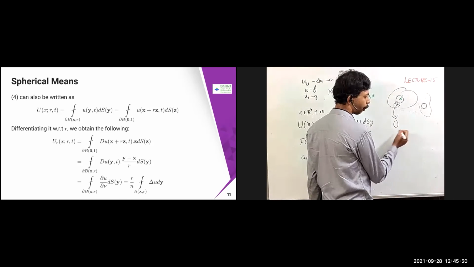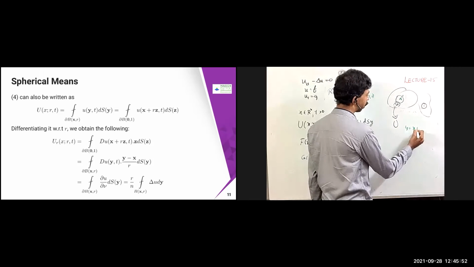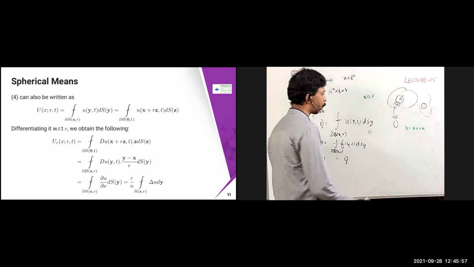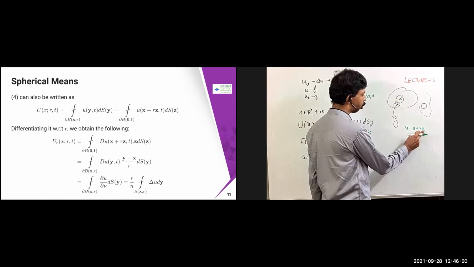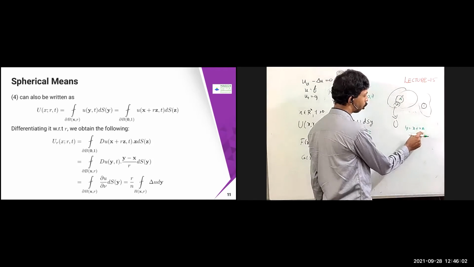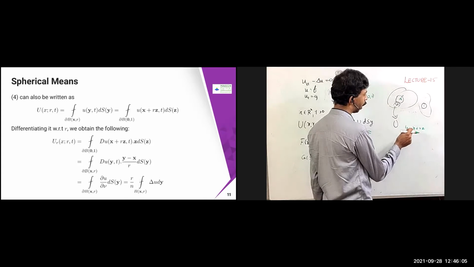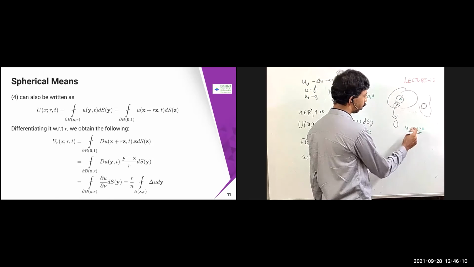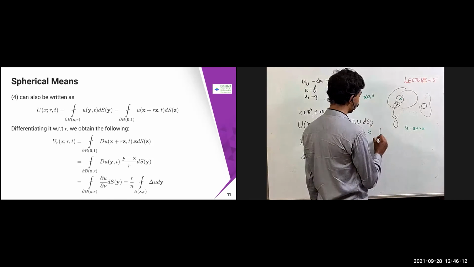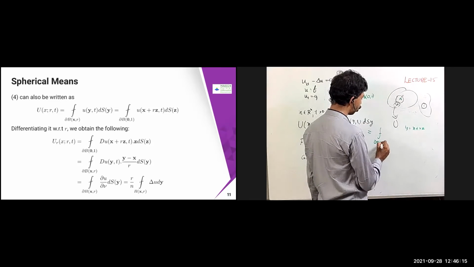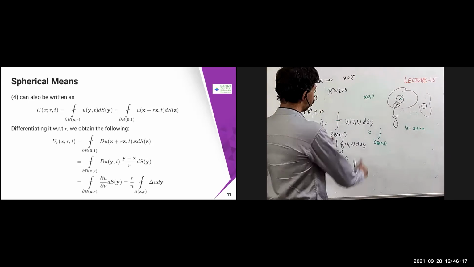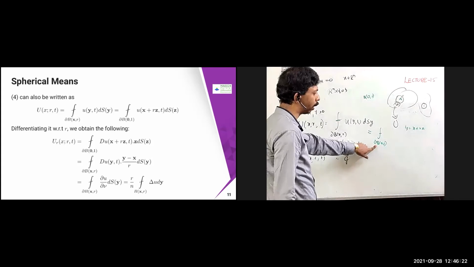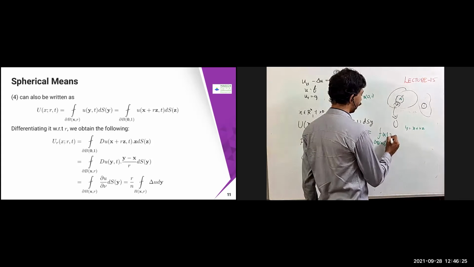Suppose I put y equal to x plus r z. Then I can solve this problem in terms of z. If I put z equal to 0, x is going to come. This is going to become the boundary of B(0, 1). Using the transformation y equal to x plus r z, it becomes the integral over the boundary of B(0, 1) of u(x plus r z, t) dS(z).